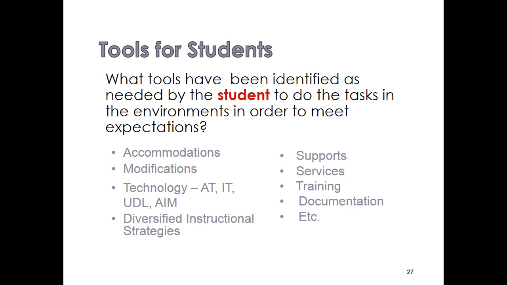Looking at the tools for the students. What tools have been identified as needed by that student to do the task in the environment in order to meet those expectations? So this is the tools needed by the student. We're talking about the student here. When we look at accommodations, modifications, what is the technology? What is the AT, the infrastructure, the IT? What are some of the universal design for learning aspects that are already in place in those tools?